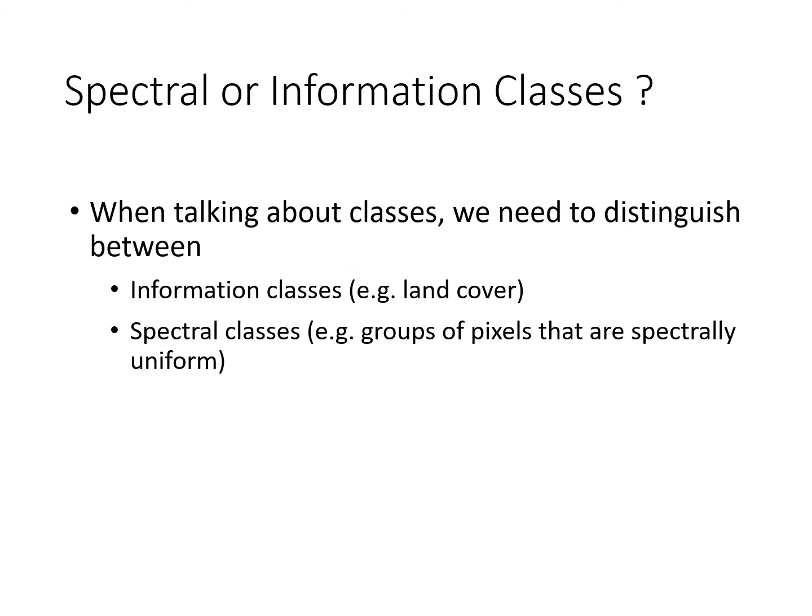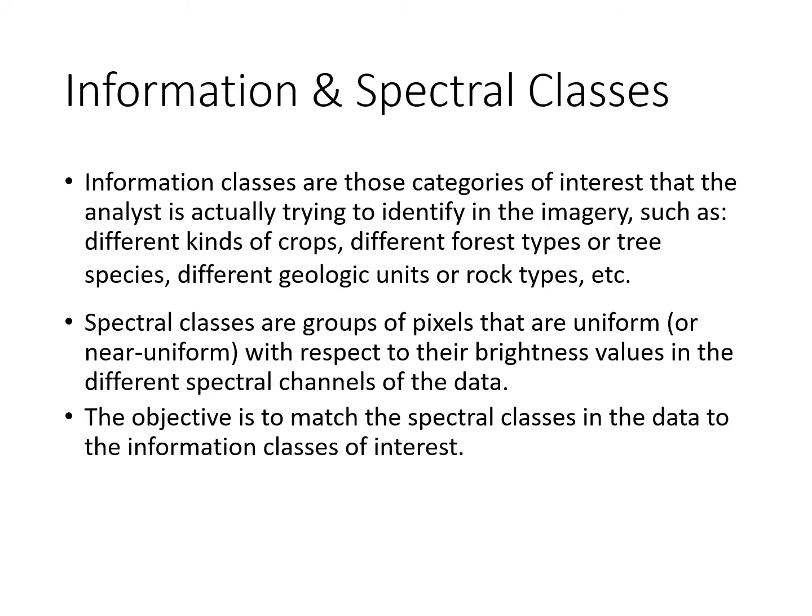Now, before we continue, we need to discuss a distinction that underlies the rest of the discussion, and that is spectral or information classes. So when we talk about classes, we have information classes, things like land cover. These are the thematic classes you use, and spectral classes, and those are groups of pixels that are spectrally uniform or almost uniform.